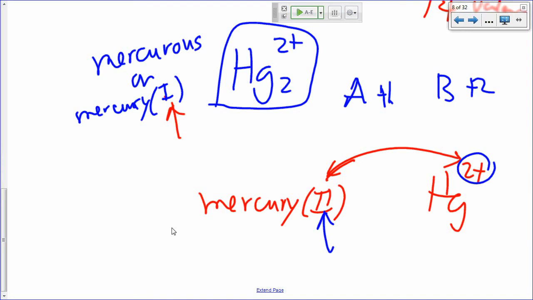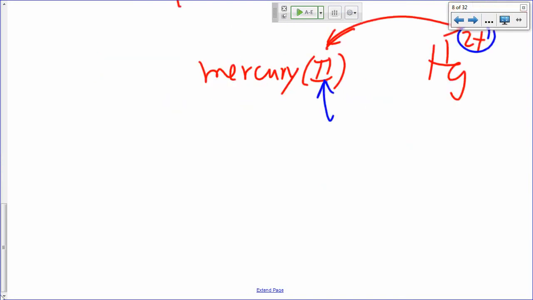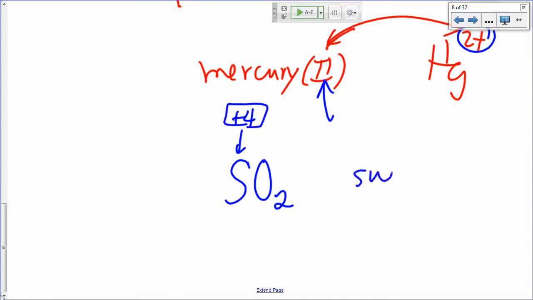So in fact, sometimes you would write for something like SO2, for example, the oxidation number of sulfur here is plus 4. We'll learn how to do that in a short while. And sometimes you call this sulfur Roman numeral 4 oxide. That's one way it could be called.